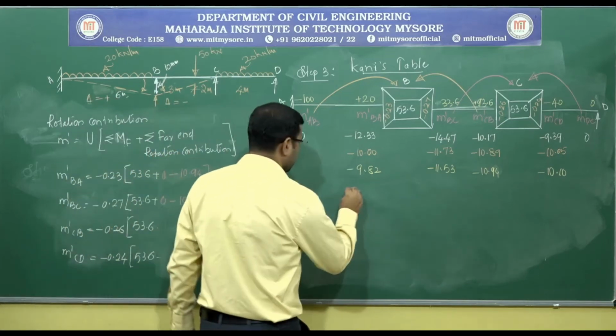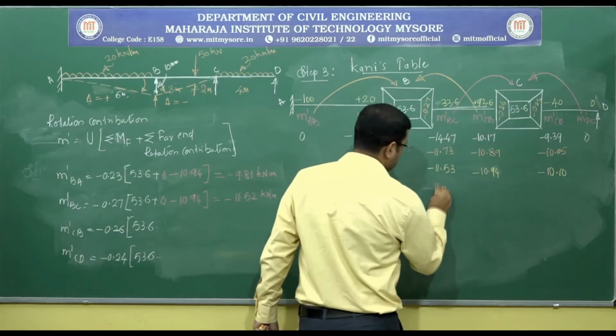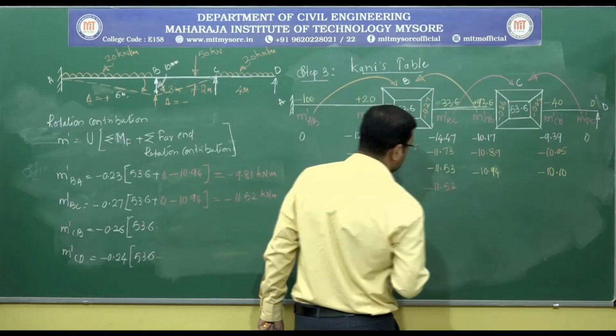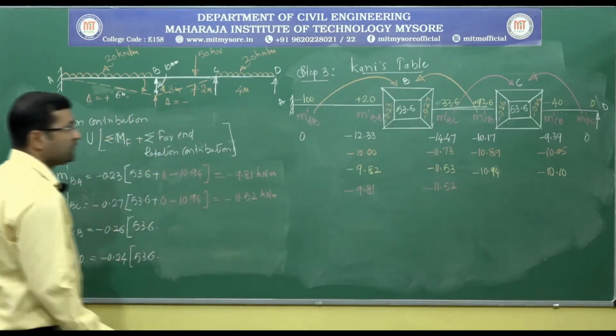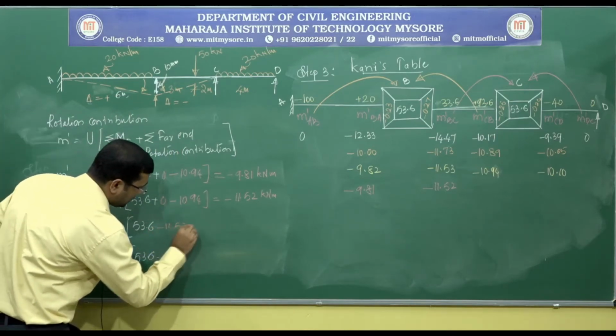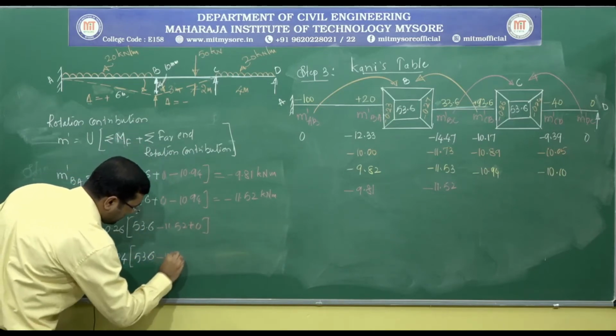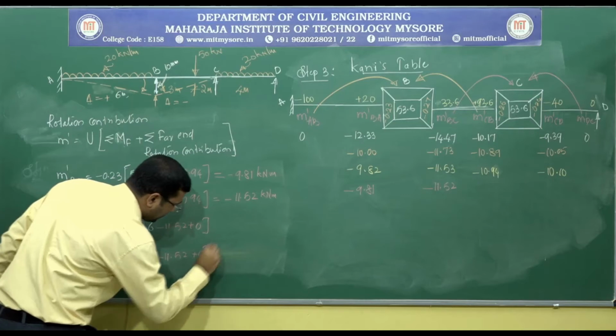So that I am going to write here minus 9.81 and minus 11.52. For the joint C, it is minus 11.52 plus 0, minus 11.52 plus 0.